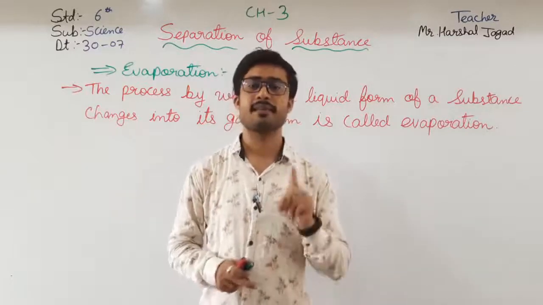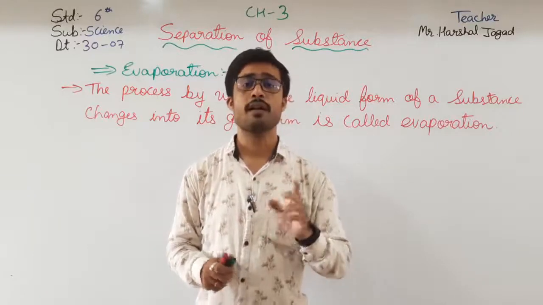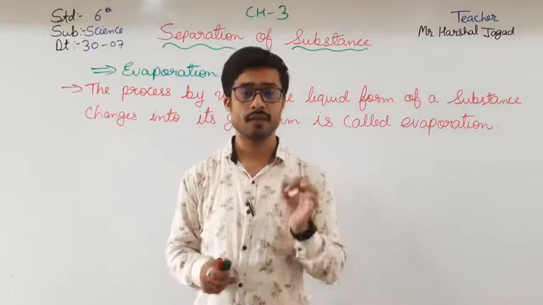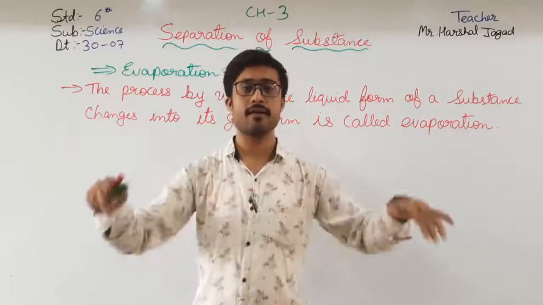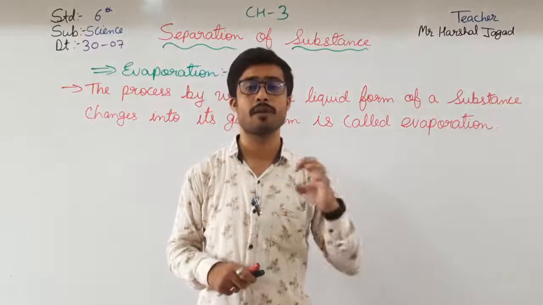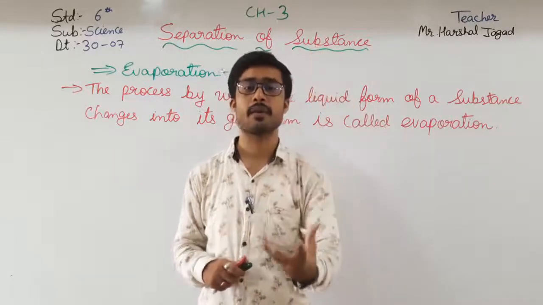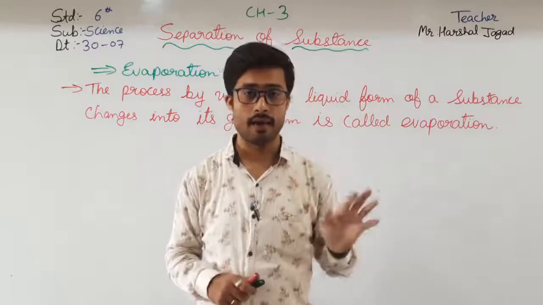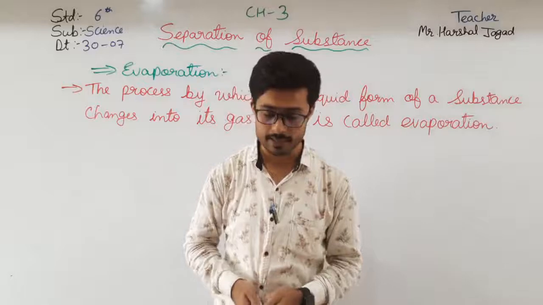This method is also used to separate salt from sea water. Here you can see they make a big structure in which sea water comes, and then the water evaporates and the salt remains. Okay students, so this is the evaporation process.